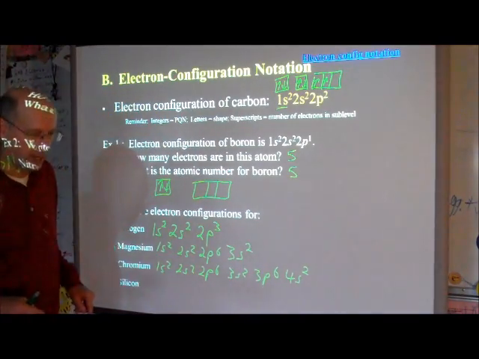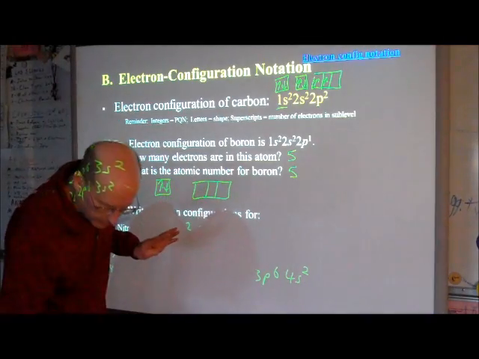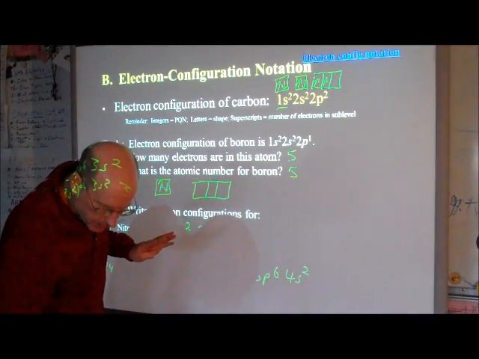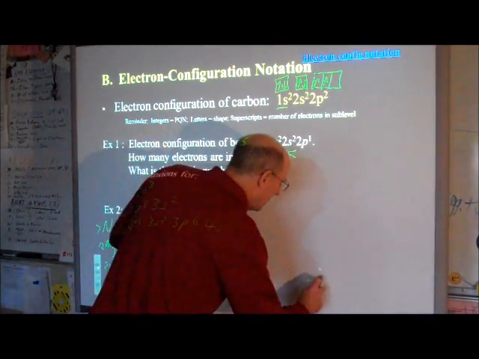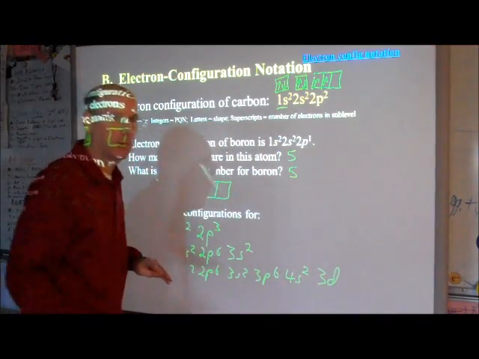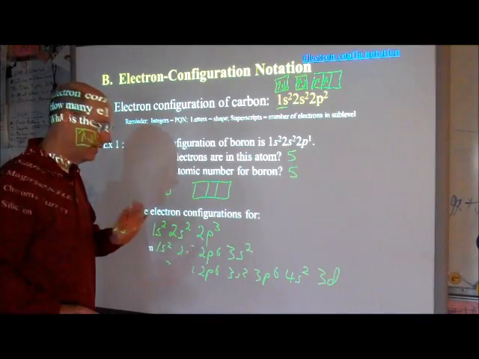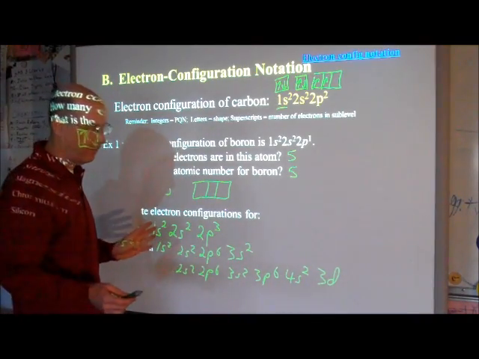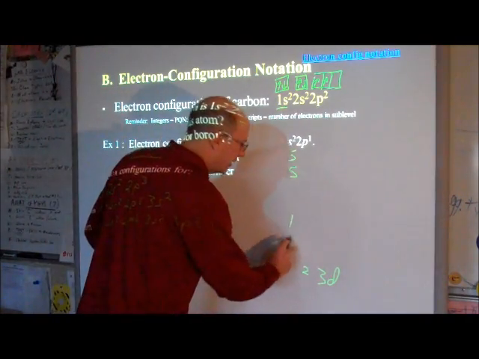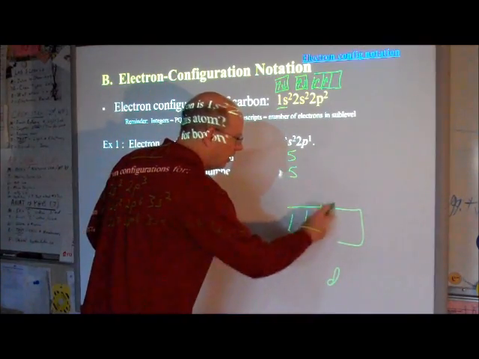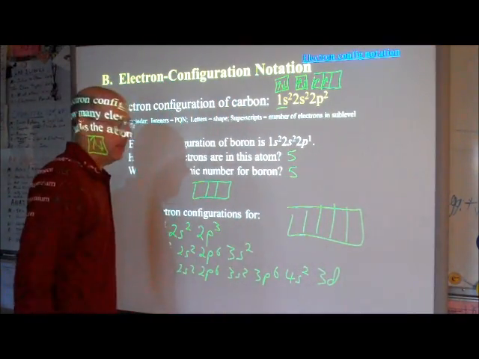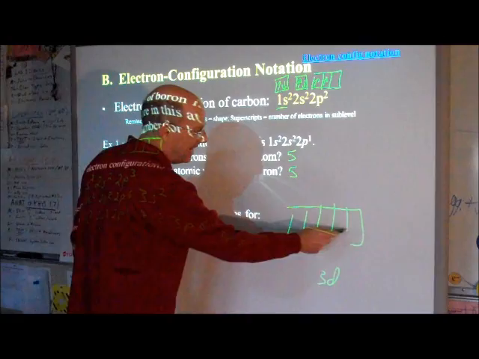What comes after the 4s? I need 4 more. After the 4s comes a 3d. Now d's have 5 boxes, remember. They can hold up to 10 electrons. I only need 4 more. Can I fit 4 into a 3d? Look back, d's look like that. You can fit 2, 4, 6, 8, 10 electrons in there.